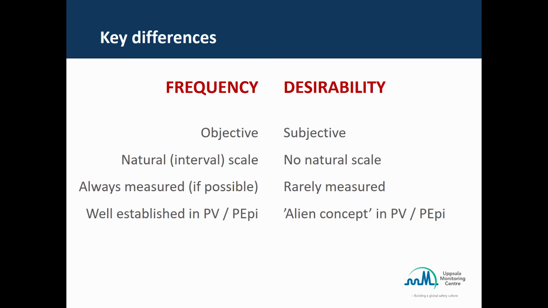It is very important, I think, to realize that frequency and desirability, as I've now introduced, are inherently different in nature. And the overview that I've given you here lists some of the key differences. Most obviously, I think, frequency is an objective thing, whereas desirability, especially the seriousness component of it, is subjective.